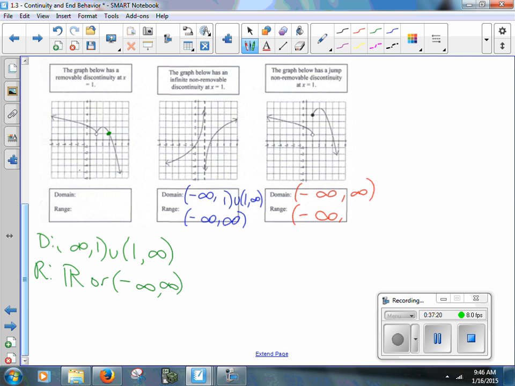Joe, what about the range? Negative infinity, union, positive infinity. What about 4 though?